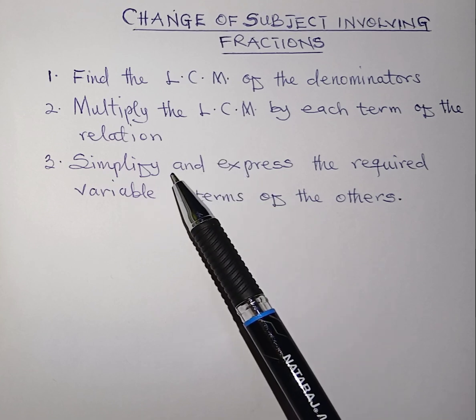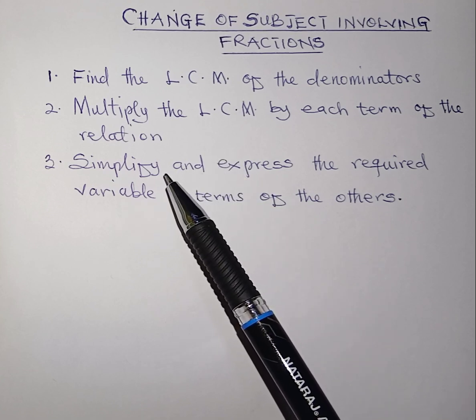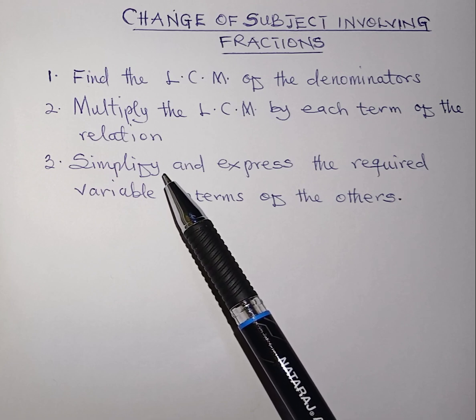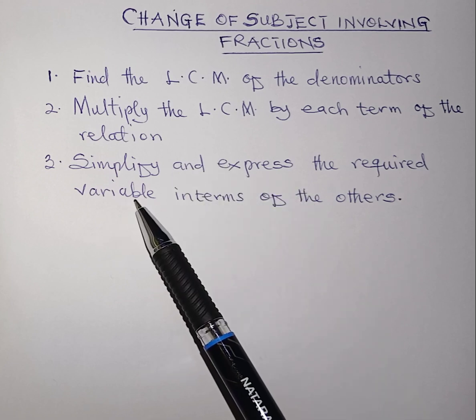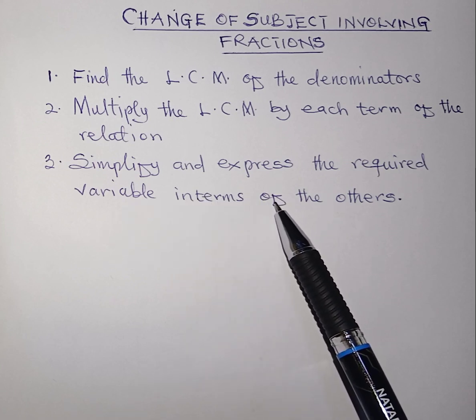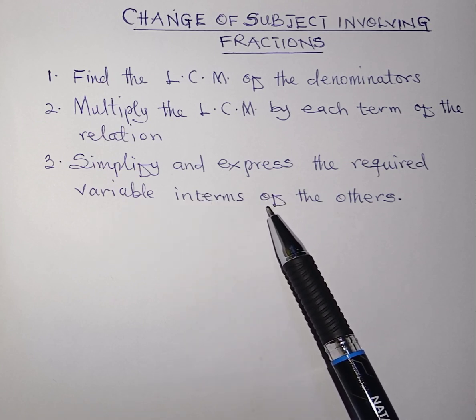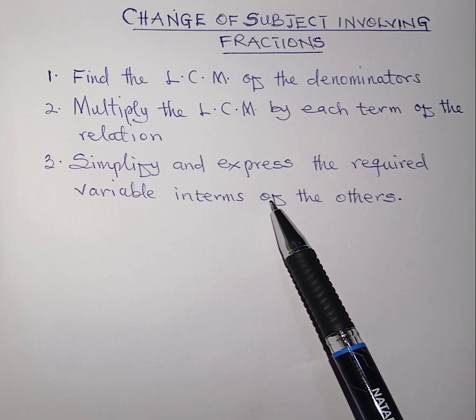Then finally, simplify. After that, you express the required variable in terms of the others. When I say required variable, I mean whatever you are asked to make the subject.